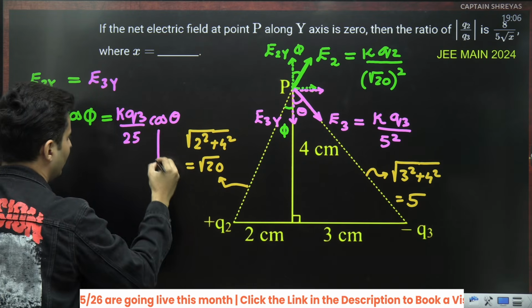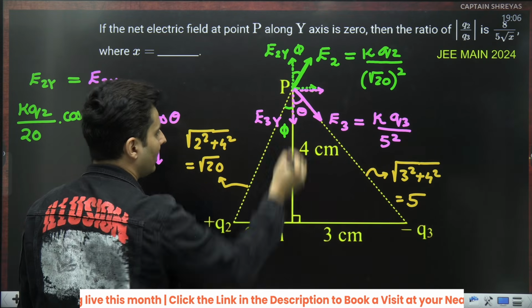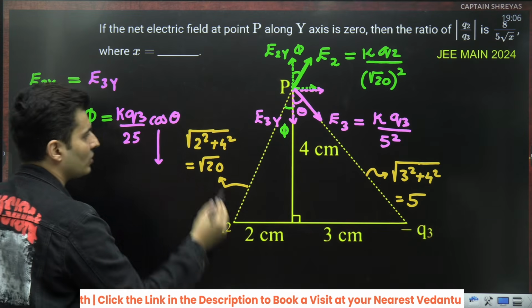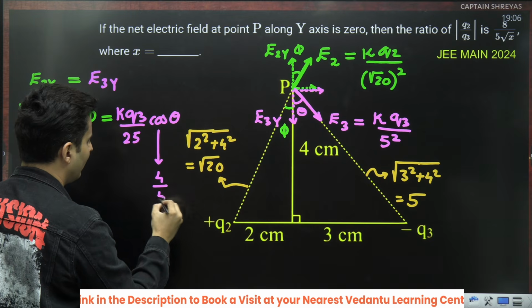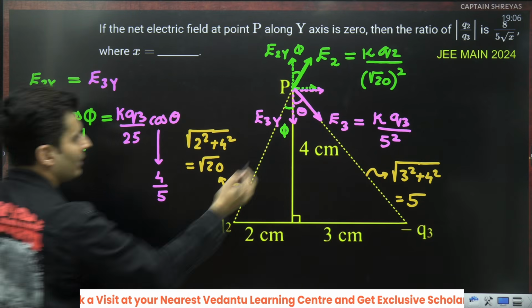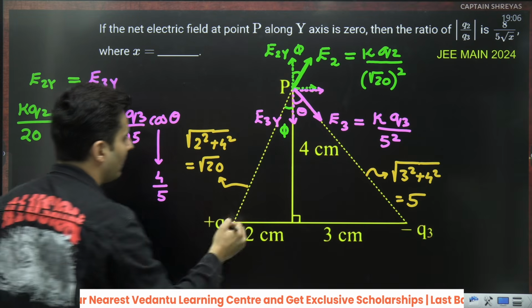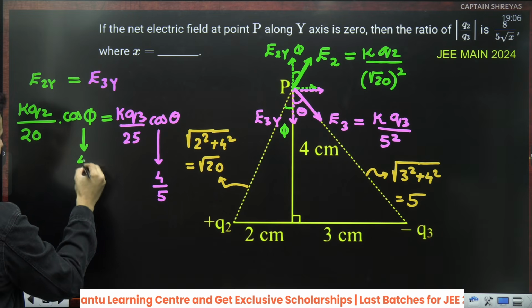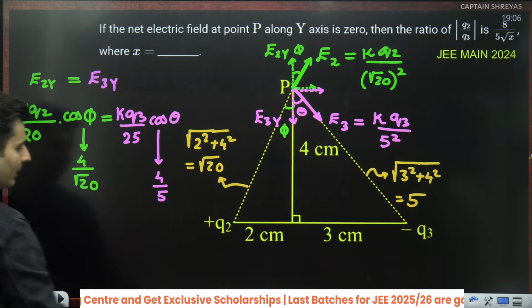What is cos theta? Cos theta is adjacent by hypotenuse, so it will be 4 divided by 5. Same way over here, what will be cos of phi? Cos phi will be adjacent by hypotenuse, which is 4 divided by root 20.